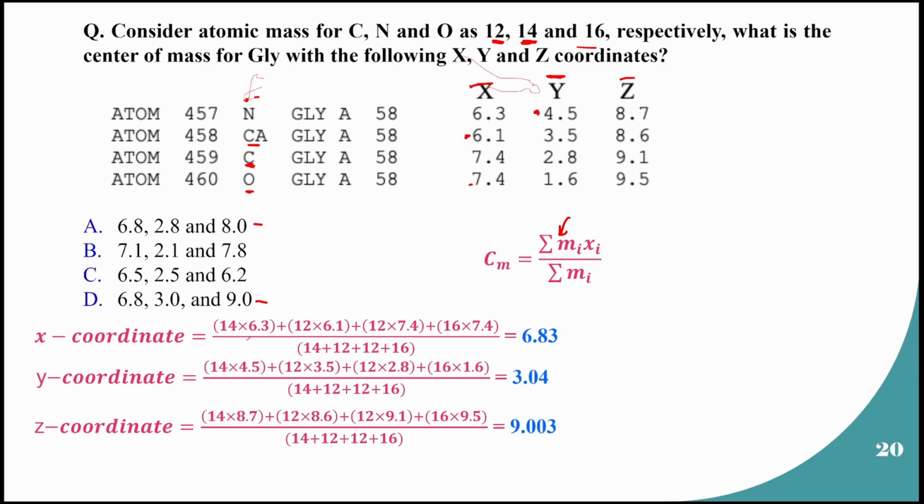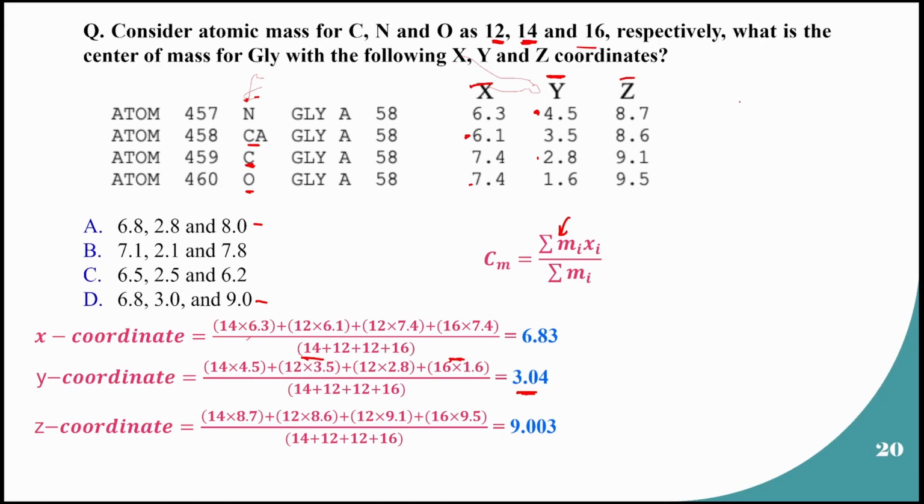And then next you do for carbon. So it is 12 multiplied by 3.5, of course, right? In this particular case, and then 12 multiplied by 2.8 because another carbon is there, and then 16 multiplied by 1.6. Okay, divide that by, of course, the total atomic mass, you will get 3.04.